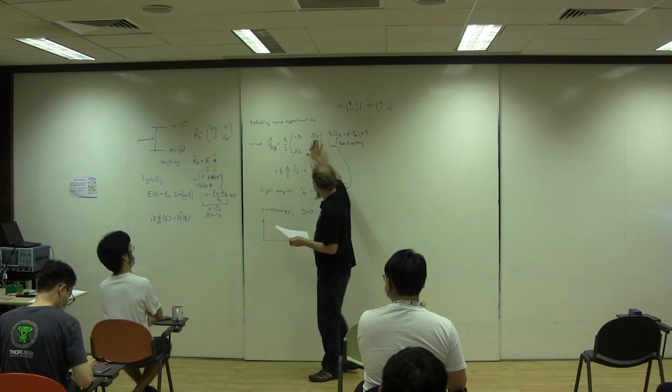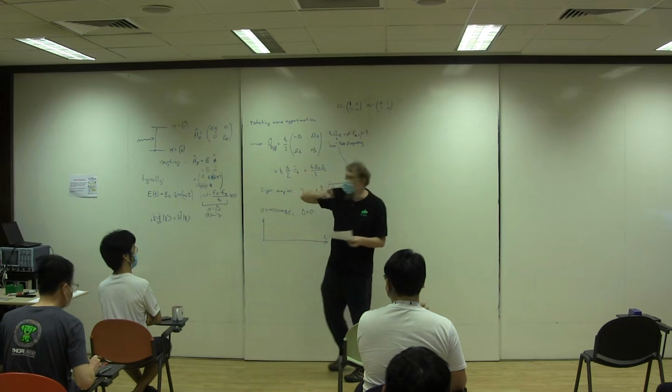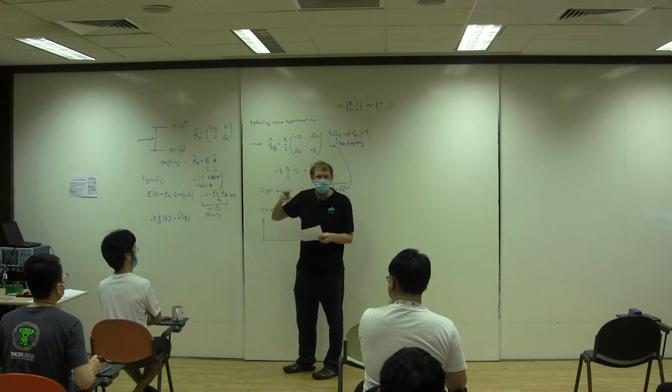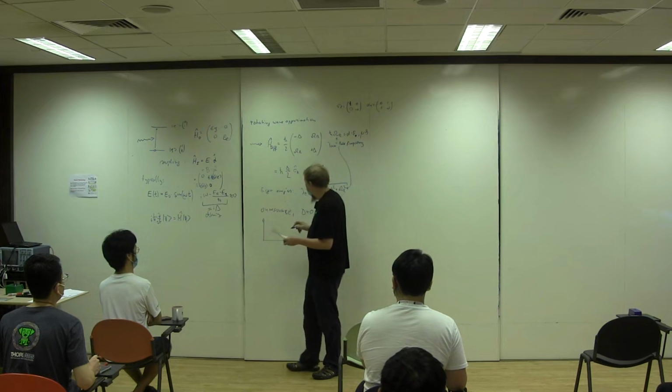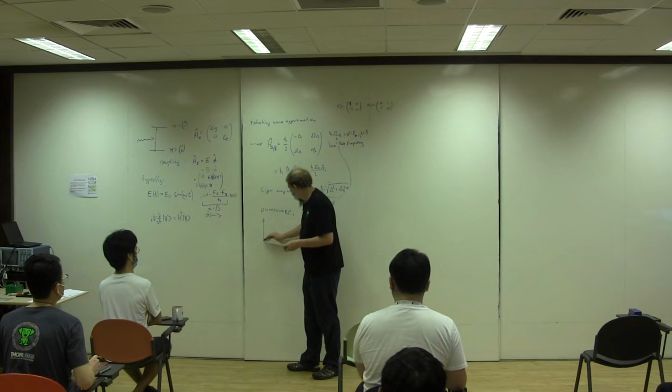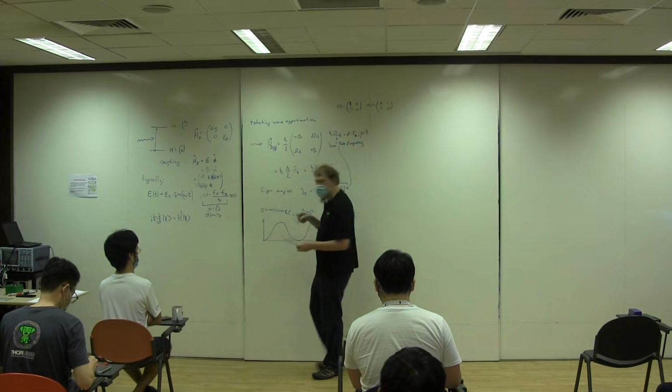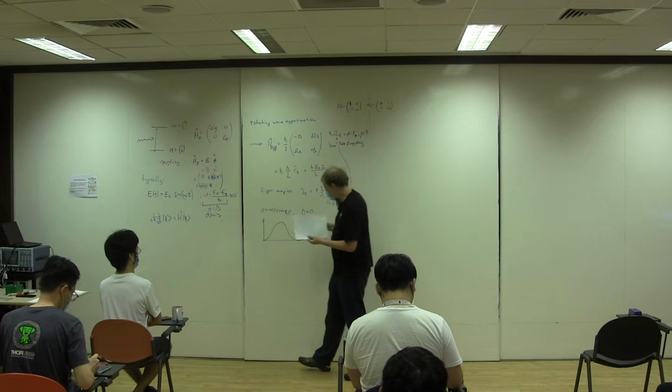If you start the system in the ground state and switch on this interaction, it is not an energy eigenstate anymore, so it will evolve over time from the ground state to the excited state and come back down again. It will just oscillate sinusoidally between ground and excited state.